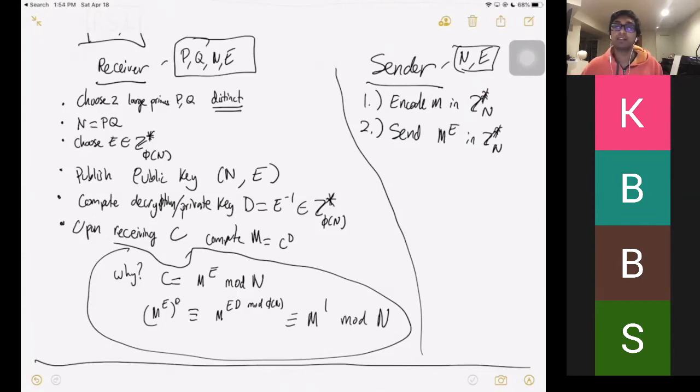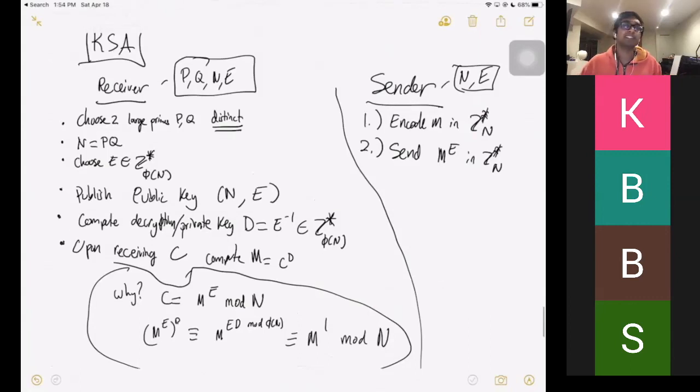Yeah, yeah. So the idea is that you'd be able to take the square root of n and find P.